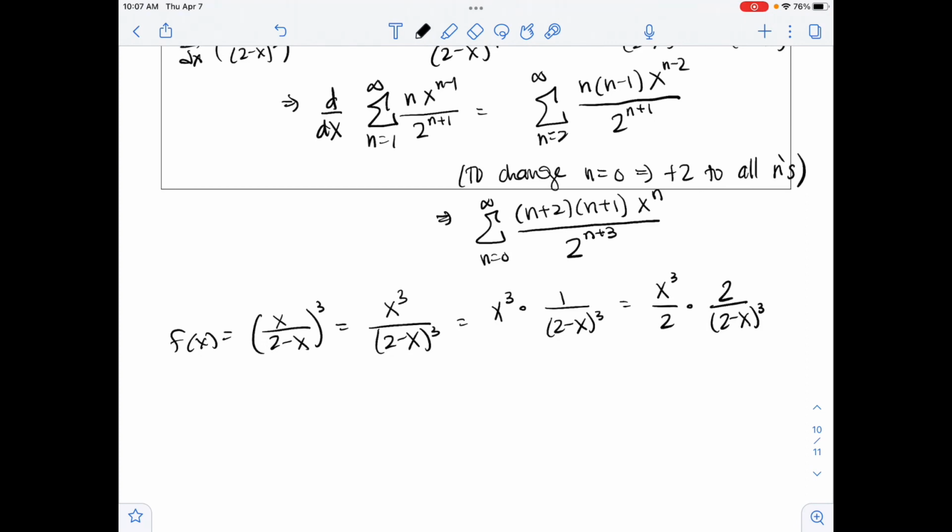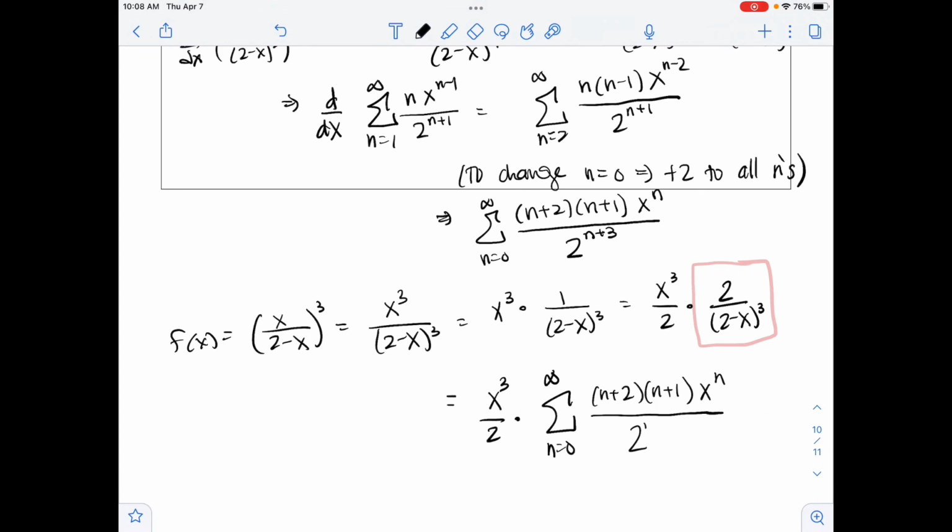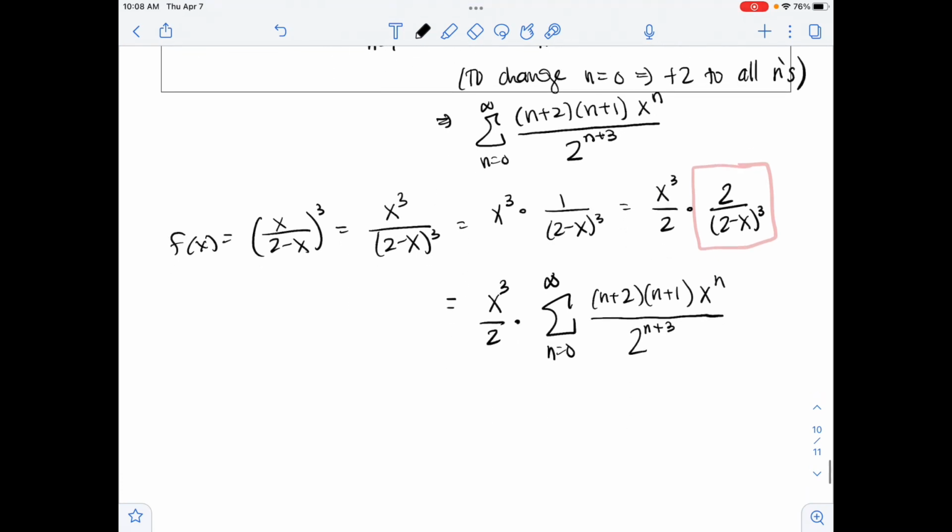And this would be equal to x cubed over 2 times, and we just arrived at what this was equal to, which is stated right up above, the sum from n equals 0 to infinity of n plus 2 times n plus 1 times x to the n all over 2 to the n plus 3. And so to rewrite this, notice that you can combine your x's together.